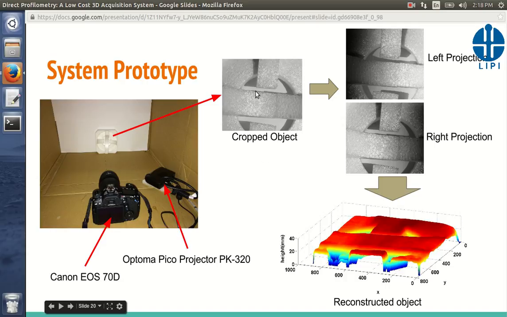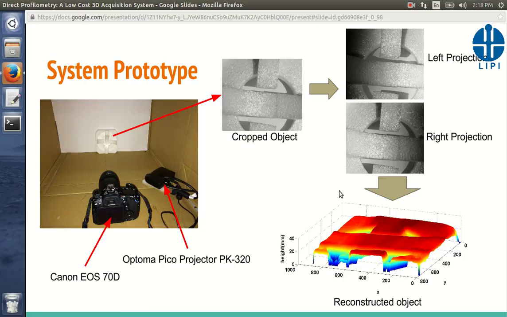Because we have shadow here, we can still reconstruct the shadow part, but we want to cover more information from the object. So we move the projector from the right part to the left part, giving a right projection and a left projection, and we get this reconstructed object.